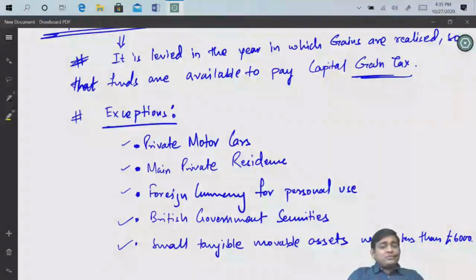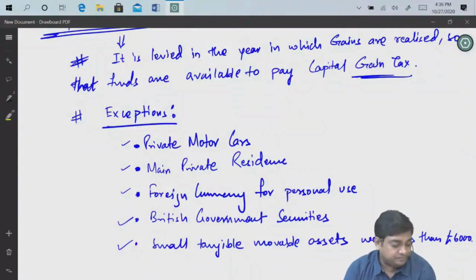This exception is quite similar to what we have in Indian law, but still there are some differences, right? So you need to remember: private motor car, person's main residence, British government security bonds, small tangible assets worth less than £6,000.